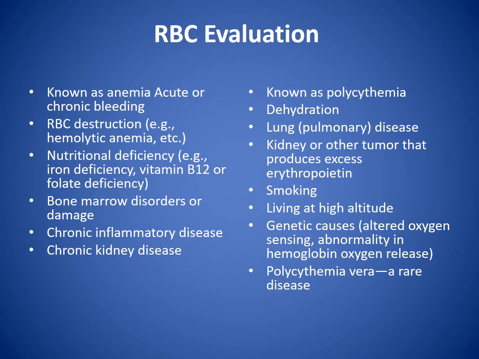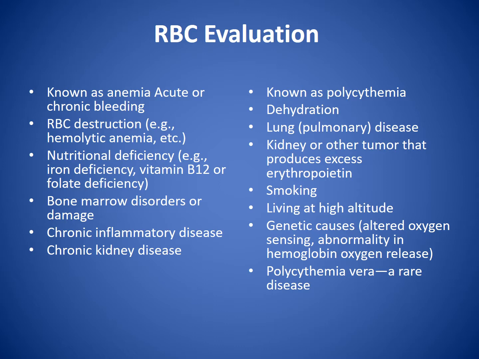For your RBC evaluation, we either have too much or too little again. If we have too much, then we have like a polycythemia occurring. What could cause that? Well, there's a lot of things that can cause it. One of the most common things is actually dehydration. We live here at an altitude, and because we do live at altitude, we can have our patients have higher hemoglobin, hematocrits, and RBC counts.